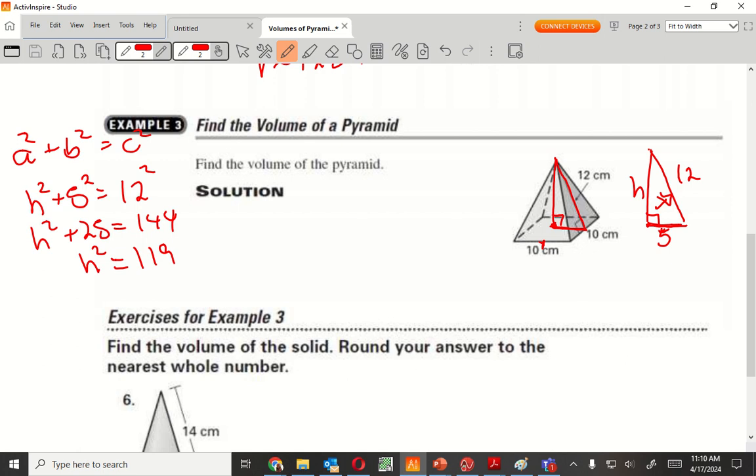Yeah, because if it was 145, it would be just 120. There we go. Then h is equal to the square root of 119. So if I approximate that, I believe it's like 10.9. It's 10.9, yeah.